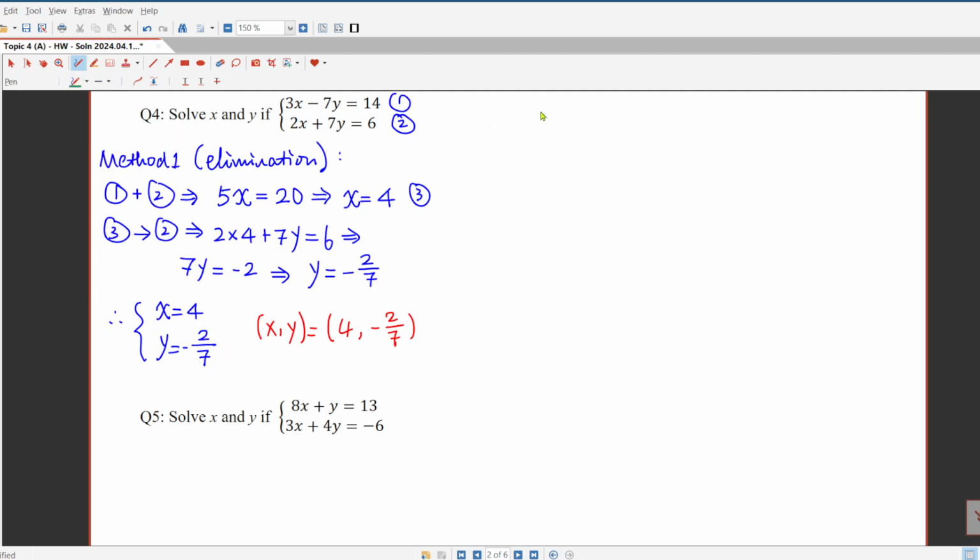And of course, you can also use substitution method. And in this way, we should again solve one variable in terms of the other. So let's start from the second one. I think it's much easier.